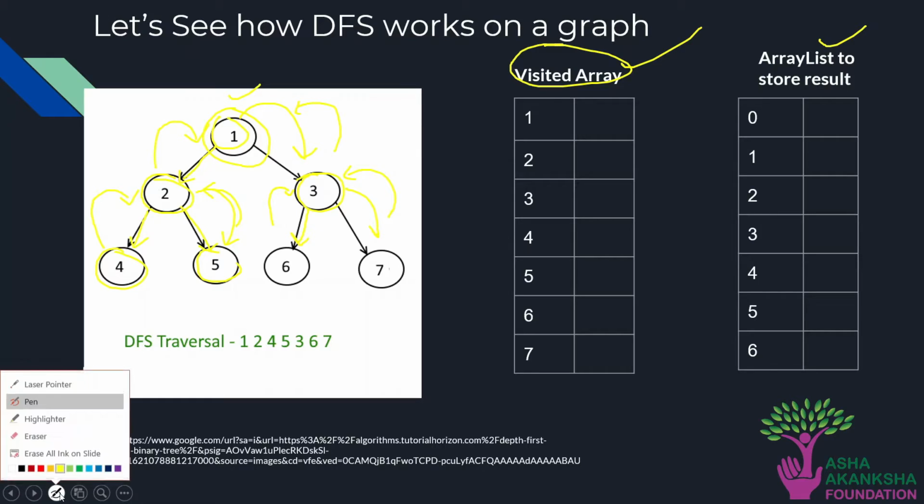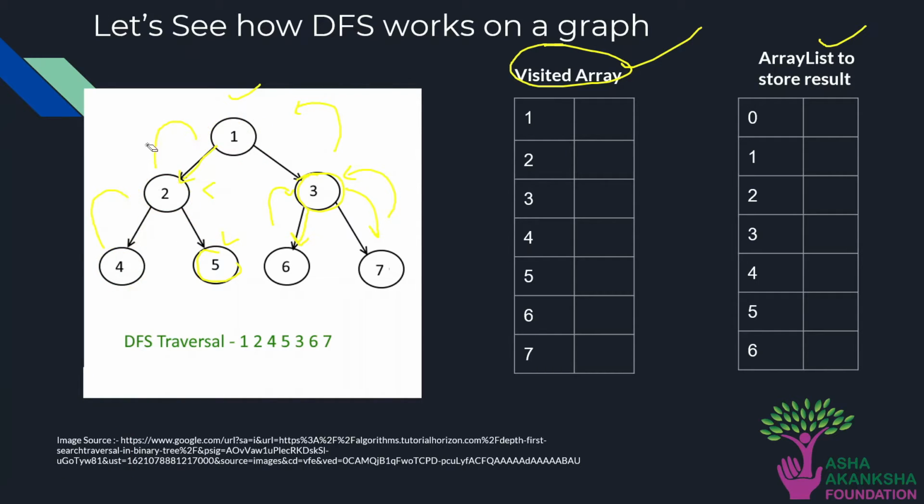So using the visited array, I will be telling you how we are going to be using the result array and the visited array to see how it works. As I'm considering 1 as the root node, we will mark 1 as true in the visited array and we'll store it in the result too.